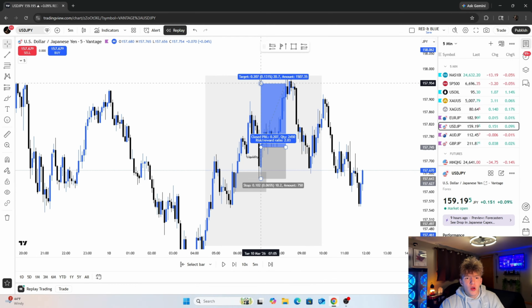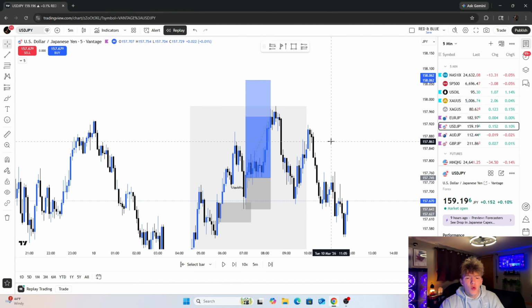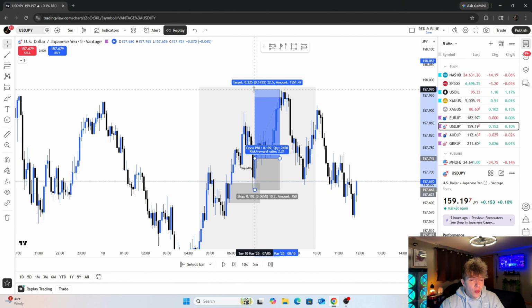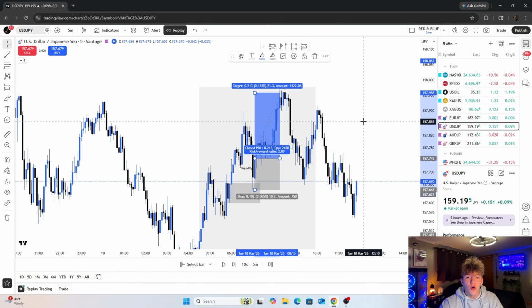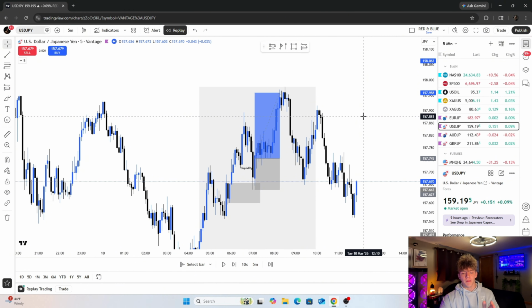If I'm nonstop taking 1 to 4s in every single position, my win rate's going to be horrible. Whereas I know what positions to take a 1 to 2 on, maybe a 1 to 3 on, and then I know what positions to actually take a 1 to 4 on. That's when you can capitalize on both making a lot more P&L and keeping your win rate really, really high.